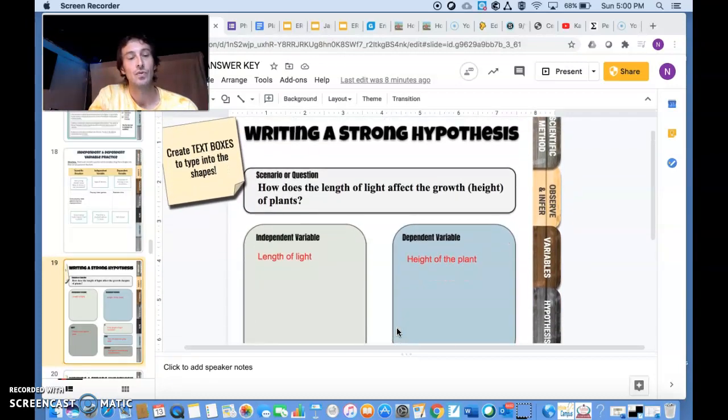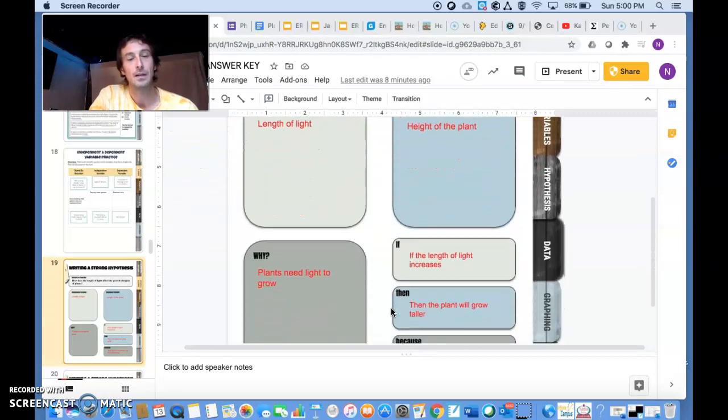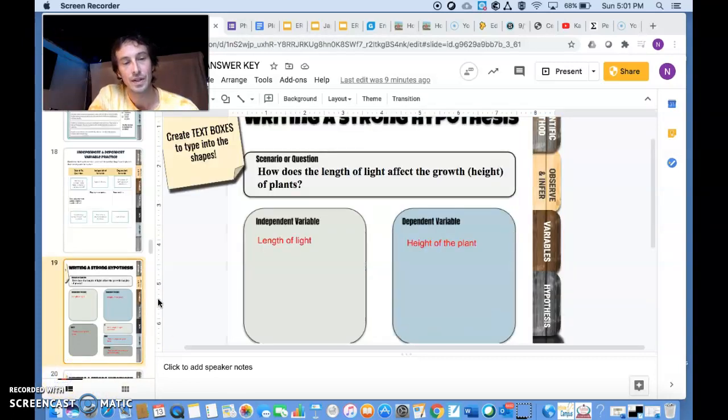Okay, so we had you go through some writing a strong hypothesis practice type questions here. So if you look, you can see how does the length of light affect the growth of a plant, right?